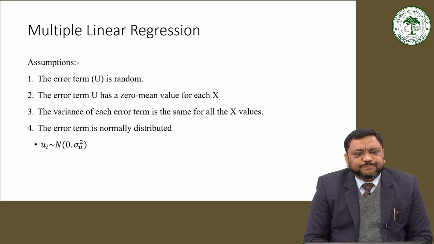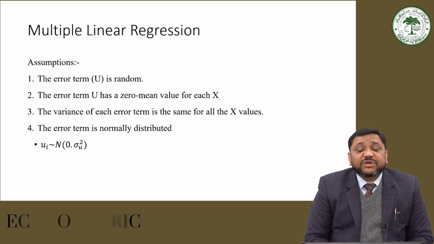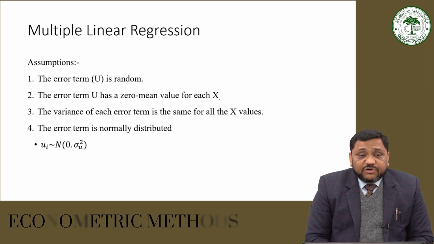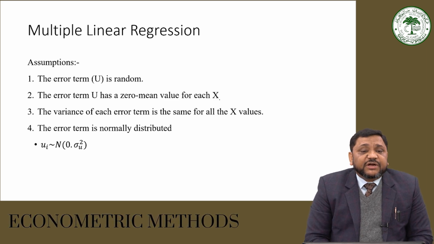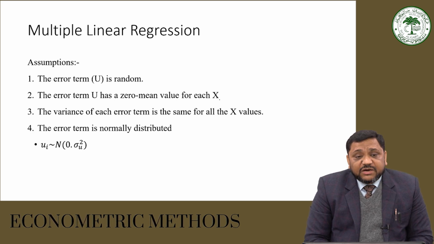A quick recap: the error term is random and can assume any value, and the error term has a zero mean value for each x. Then the third one, the variance of each error term is the same for all the x values. Fourth, the error term is normally distributed.